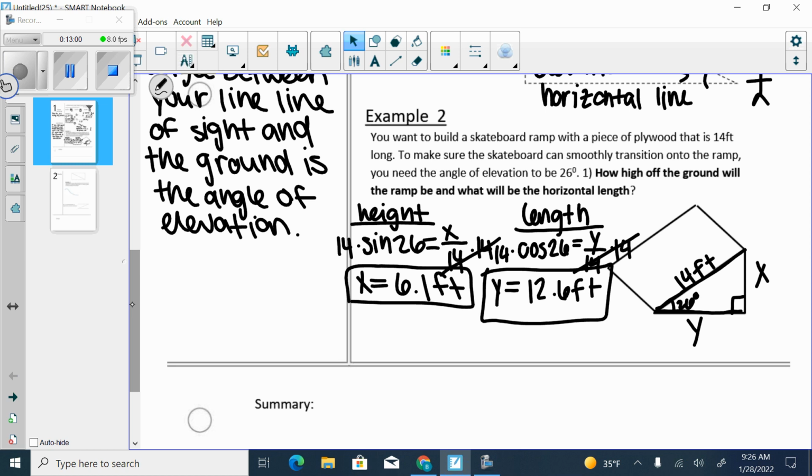So, it doesn't really change the problem, but they'll explain it to you typically as a word problem, and you have to go in and label the sides. Okay. All right.